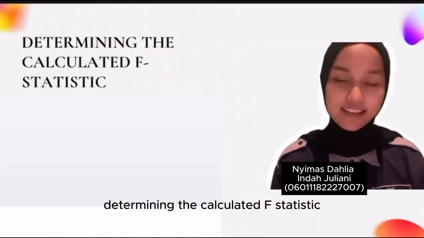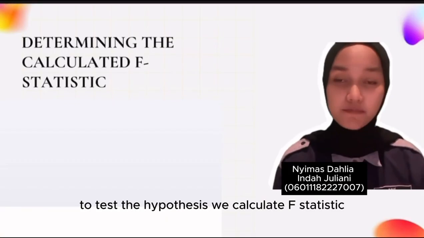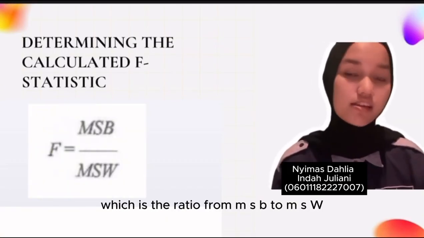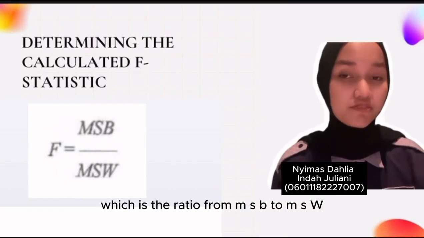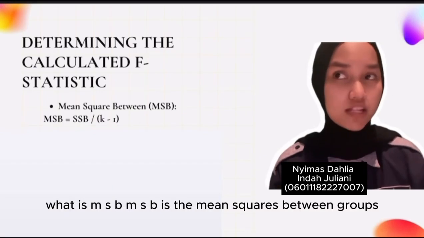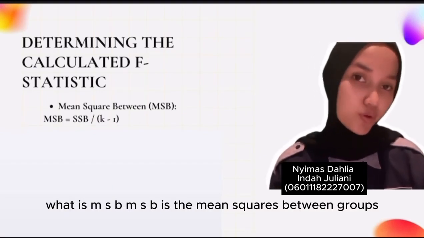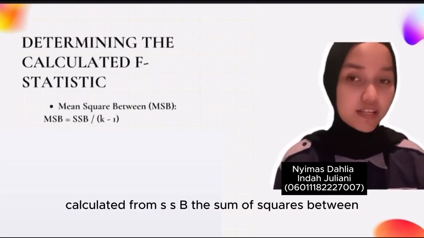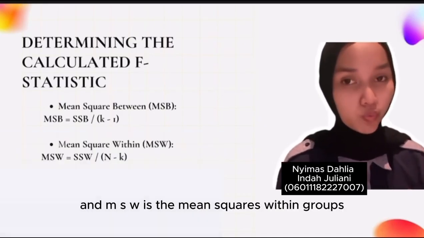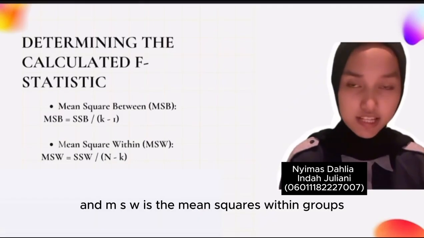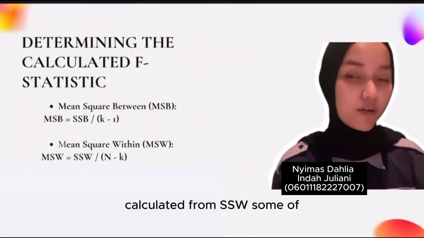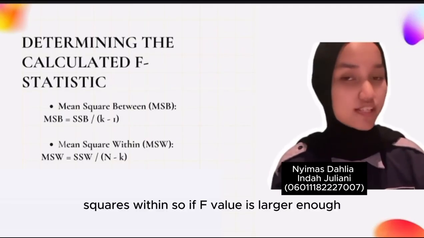Determining the calculated F statistic. To test the hypothesis, we calculate the F statistic, which is the ratio of MSB to MSW. What is MSB? MSB is the mean squares between groups, calculated from SSB, the sum of squares between, and MSW is the mean squares within groups, calculated from SSW, the sum of squares within.